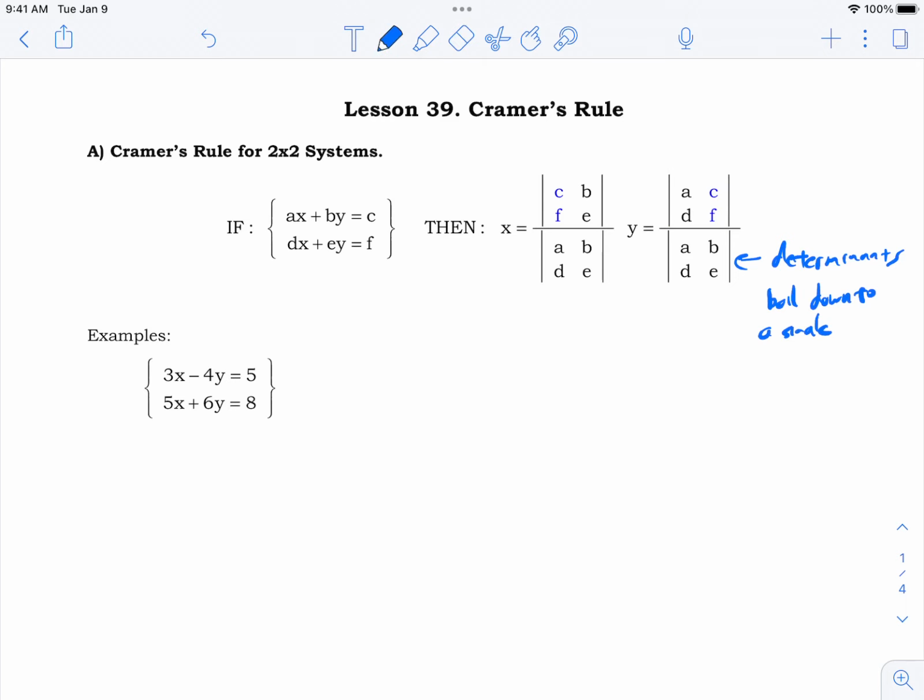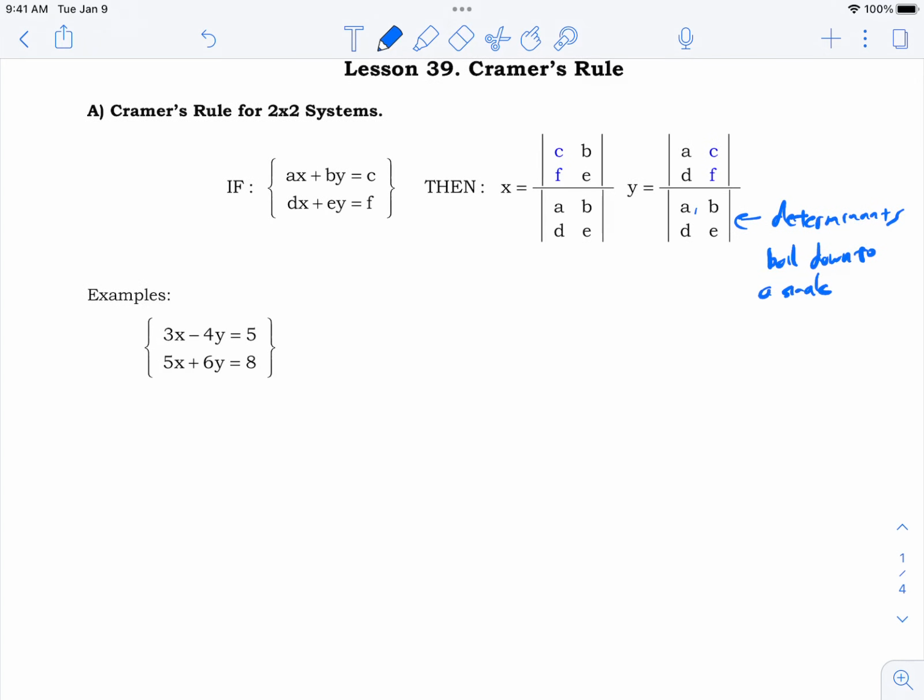So in other words, what we're saying is that x is some number over some other number, and y is some number over some other number. It is the solution written out. Okay, so again, I need to explain how you do it. But first thing I want to say is setting up the solution is kind of nice.